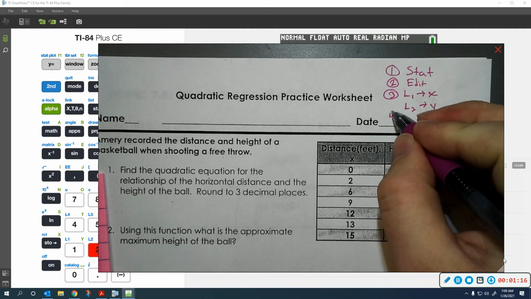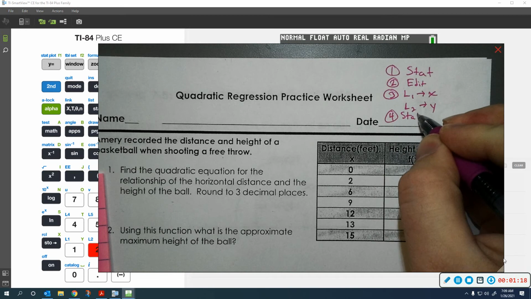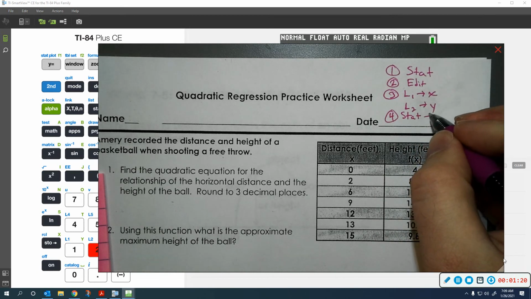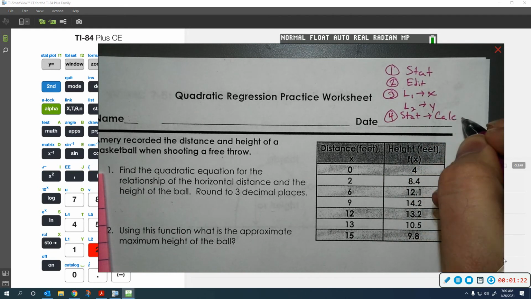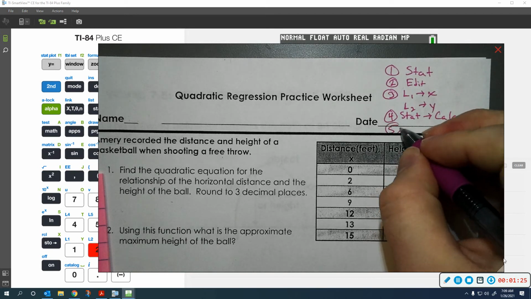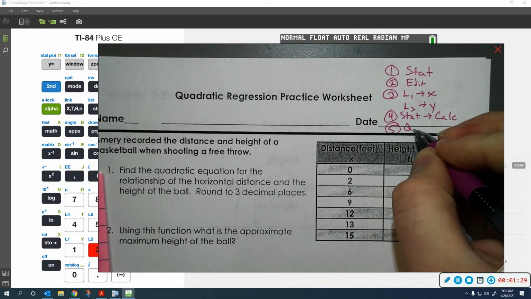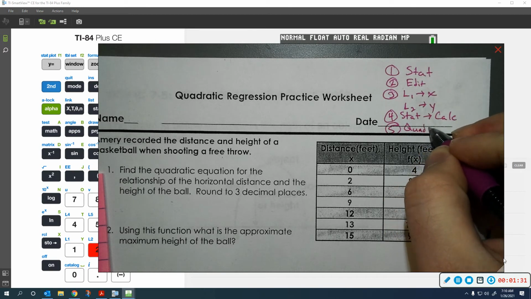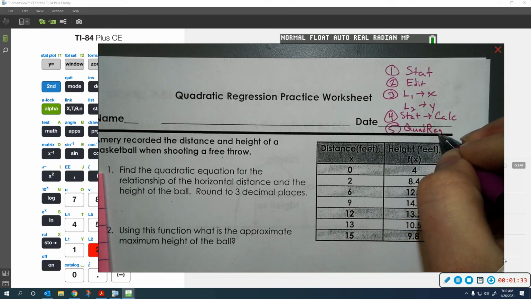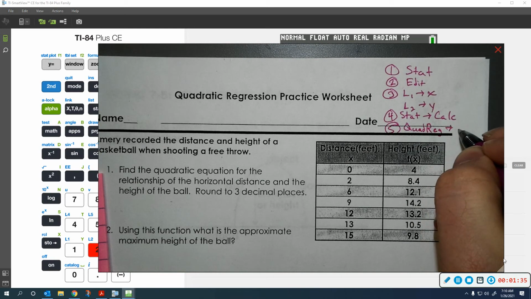Step 4, you're going to go back to Stat, and you're going to scroll over to Calc. And then step 5, you're going to put in quadratic regression, and then you're just going to push enter at the very bottom and it will get you your quadratic.